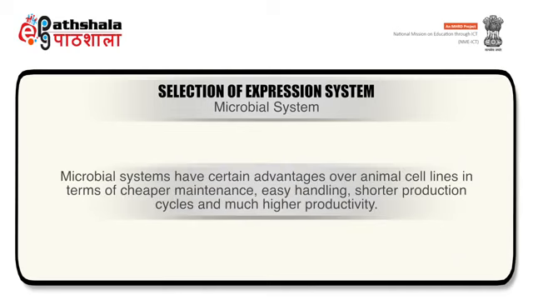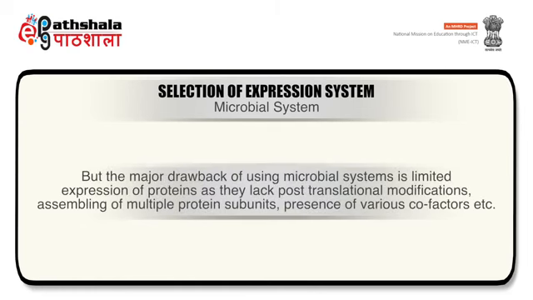Microbial systems have certain advantages over animal cell lines in terms of cheaper maintenance, easy handling, shorter production cycles, and much higher productivity. The major drawbacks of using microbial systems is limited expression of proteins as they lack post-translational modifications, assembling of multiple protein subunits, presence of various cofactors, and many more.